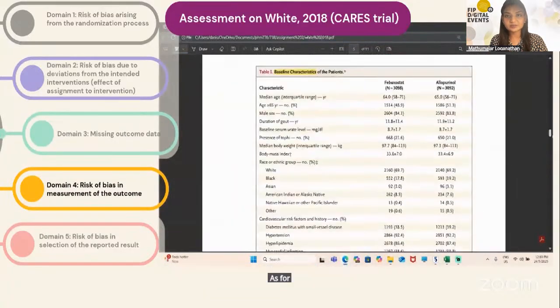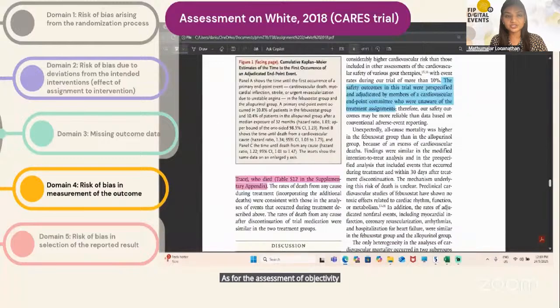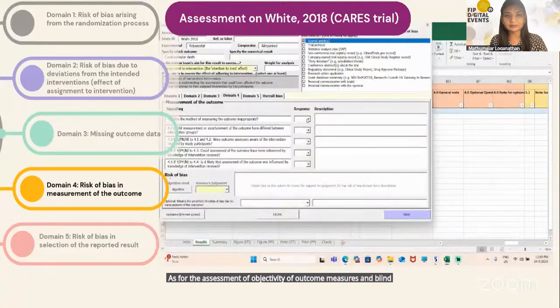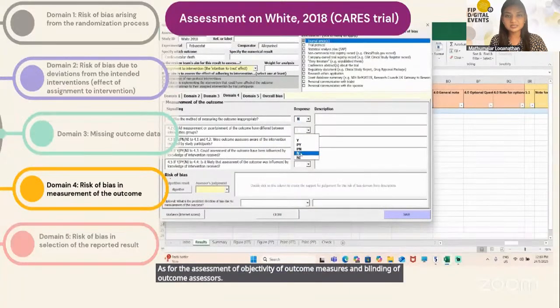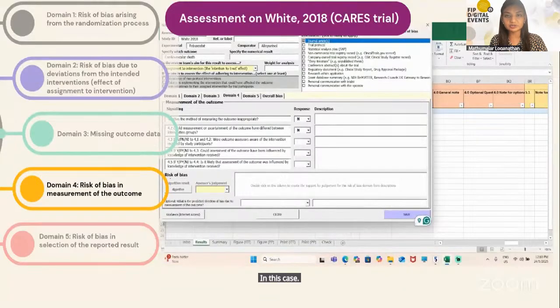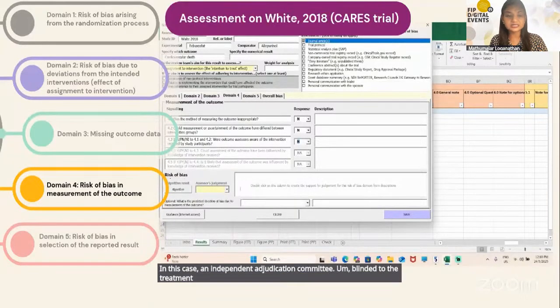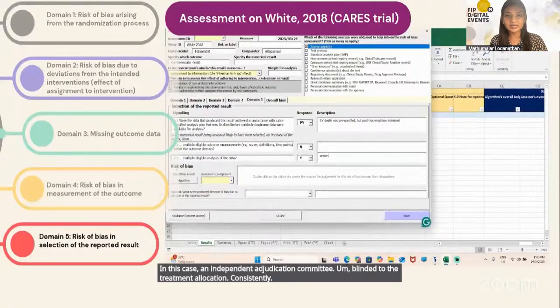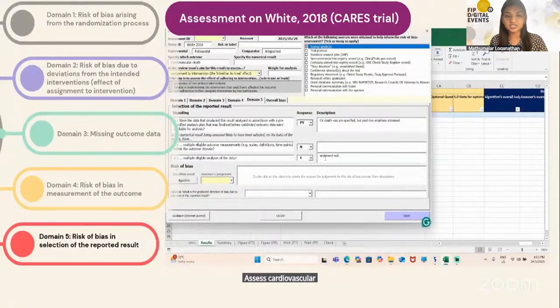As for the assessment of objectivity of outcome measures and blinding of outcome assessors, in this case, an independent adjudication committee blinded to the treatment allocation consistently assessed cardiovascular deaths. The judgment is therefore low risk of bias.